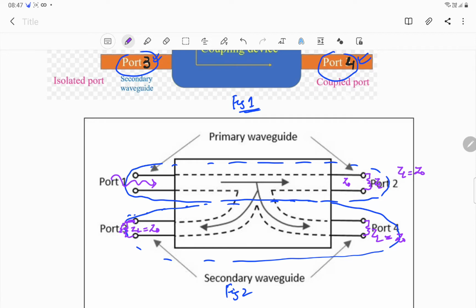All I mean is that there is a free flow of power between ports 1 and 2.